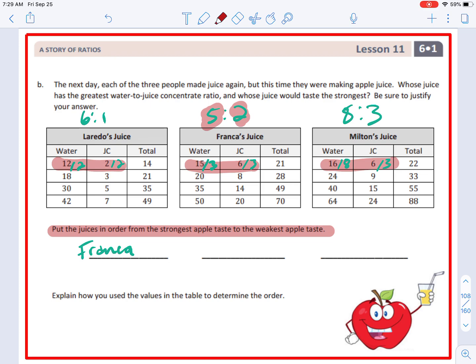Here it's 5, and here it's 5 as well. But Milton's is next, because the ratio is a little bit different. And then Laredo would be the weakest apple taste.